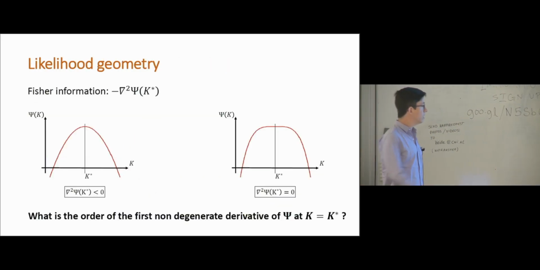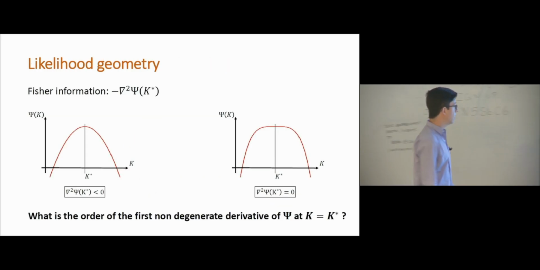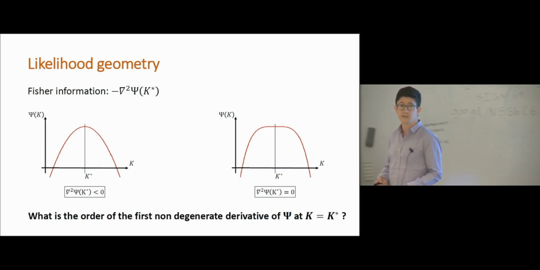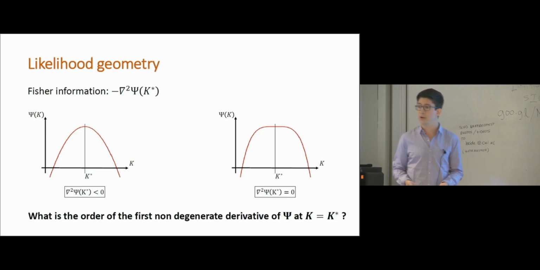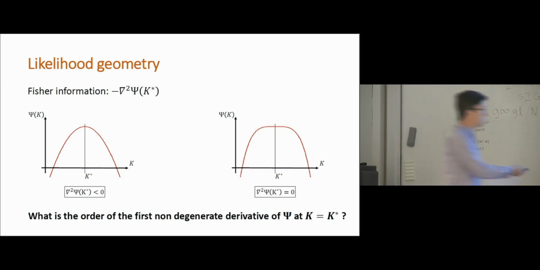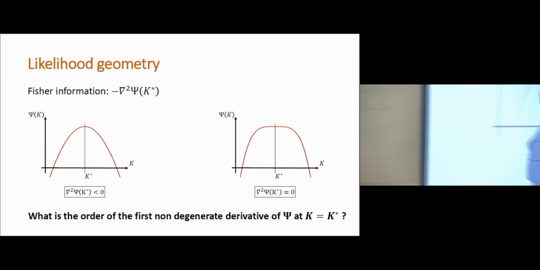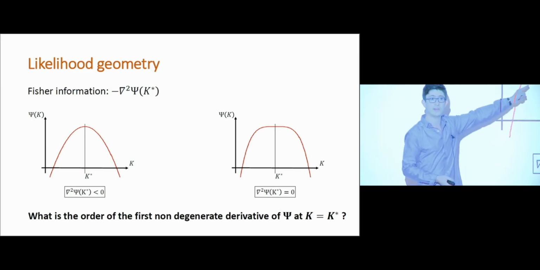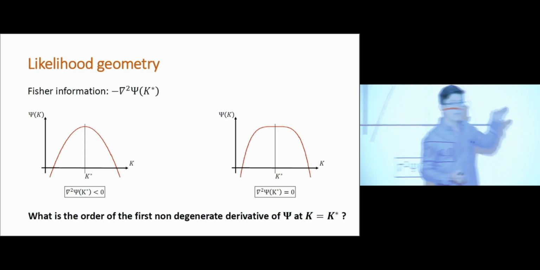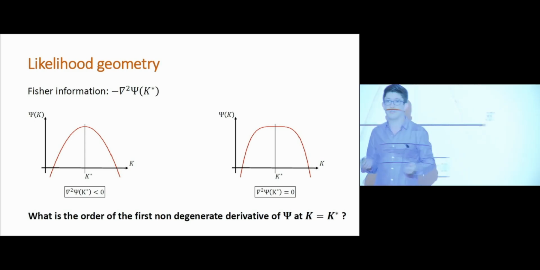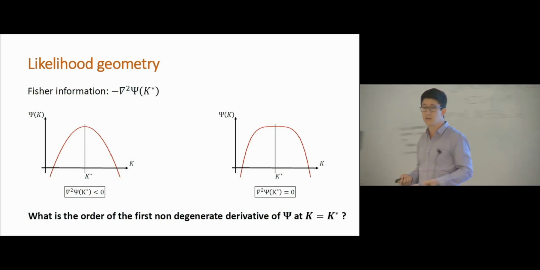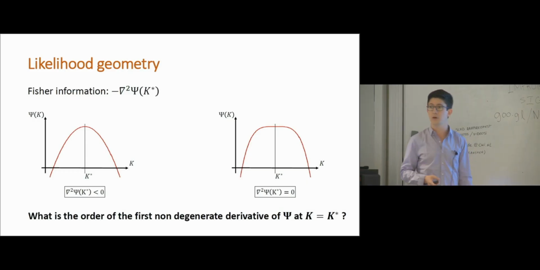In particular, if the Fisher information matrix is definite, then the MLE will perform at the parametric rate 1 over square root of n. Otherwise, if it's not definite, the expected log likelihood will look like that, and intuitively you see that the log likelihood is too flat, so K star is weakly identified. It will be harder to estimate it, and the MLE will perform worse.